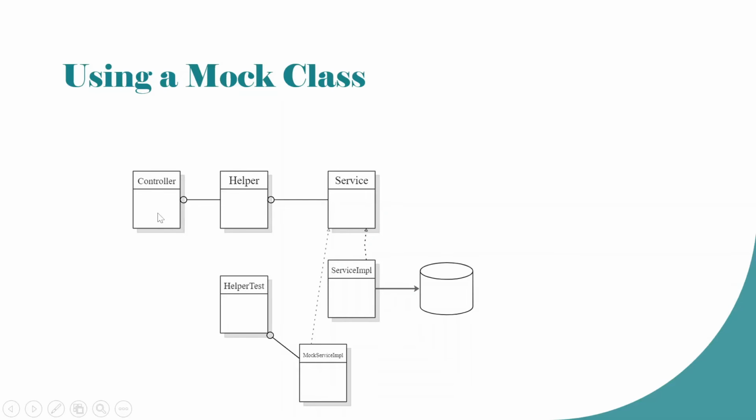We decouple the controller from the service using a helper class, and then we also decouple the service from the helper class by using an interface. So I make my service class implement the interface. And because I'm doing that, in my unit test, I can create a mock service class that implements the same interface.